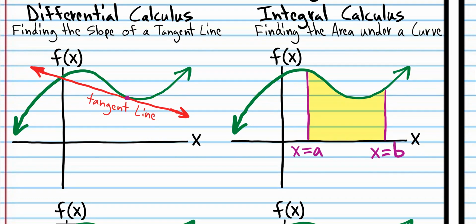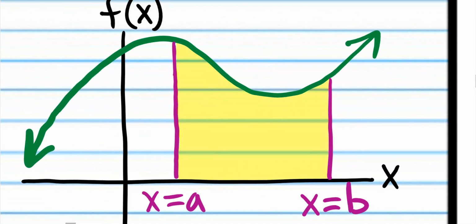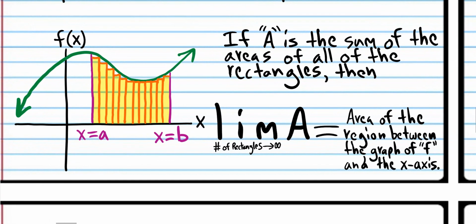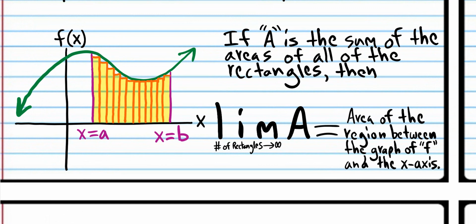That's this area up here, the exact area. So isn't that interesting that we're using limits when it comes to this problem in integral calculus? We use limits when we learn differential calculus, but now we're using limits in integral calculus. That's very interesting.